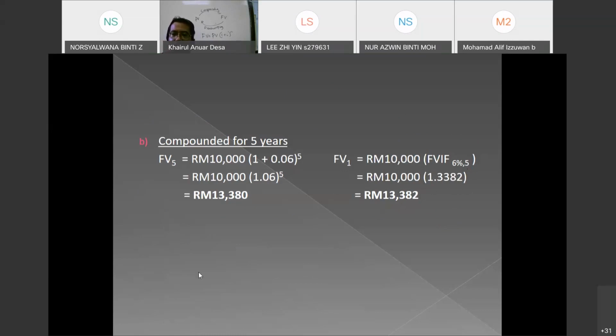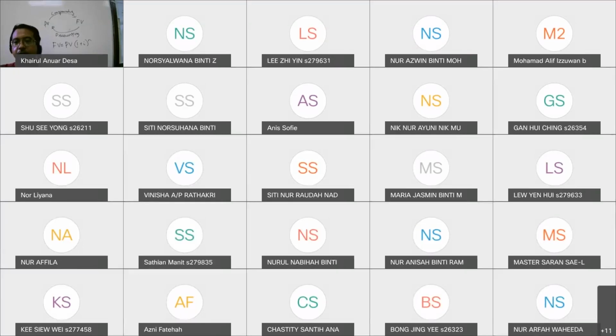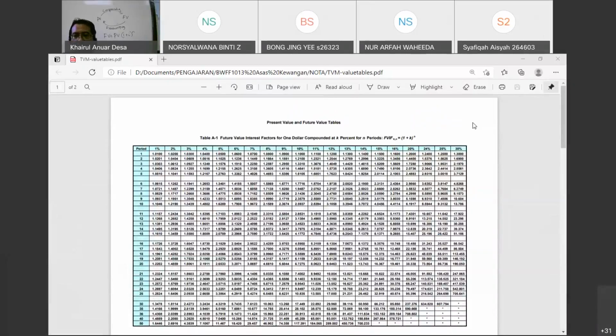How to get this figure? So we just refer to the table. Okay, 6%, 5 years. Okay, refer to your table now. Okay, this is the future value table. So 6%, 5 years. Mana?